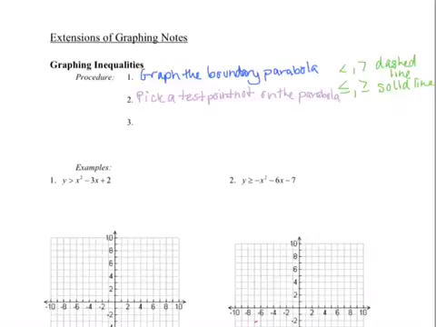And then step 3, you're going to shade where the inequality is true, which is either going to be inside the parabola or on the outside.